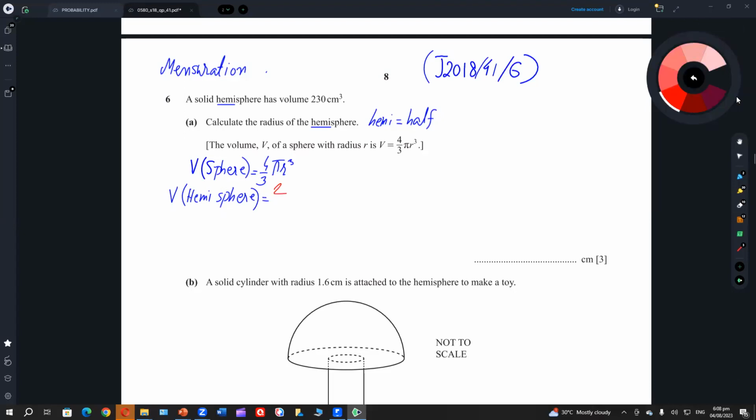I got a 2 here, and the rest of the formula is the same. You have to tell me how come a 2 is here. A 2 is there because you divided it, it's a half.